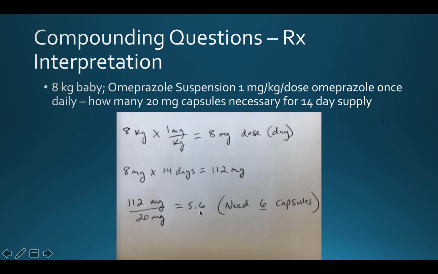We get 5.6 capsules necessary, but obviously in this case we can't use 5.6 capsules. We have to round up because we're going to need at least 6 capsules to get to that appropriate dose.